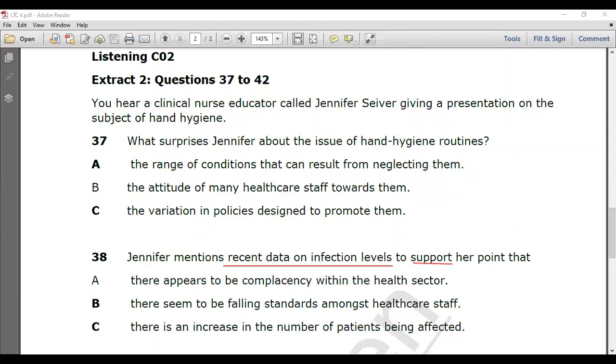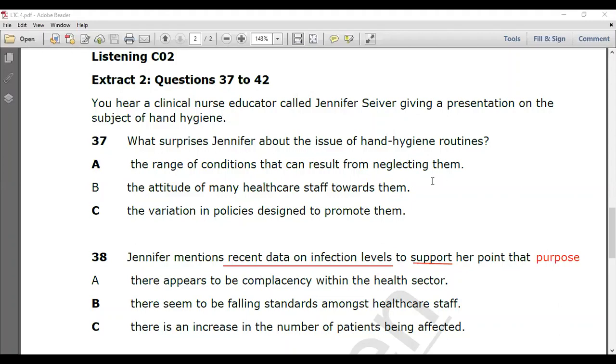So this is typically a purpose question. It is already given that she is going to talk about some data that she has on infection level. Now you have to find out what point is she trying to prove with the help of this data?